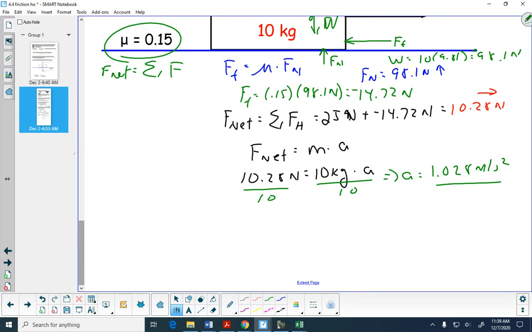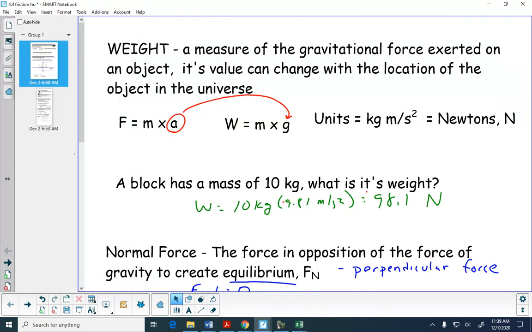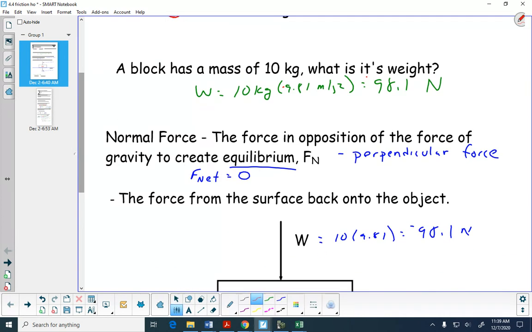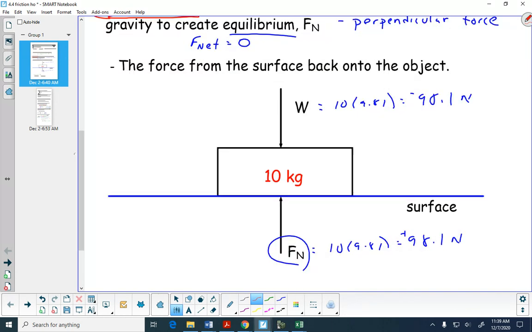So key ideas here. Okay, how do we find this normal force? It is your perpendicular force, it is opposite to weight. So if weight is going downwards, my force normal is the surface pushing upwards.